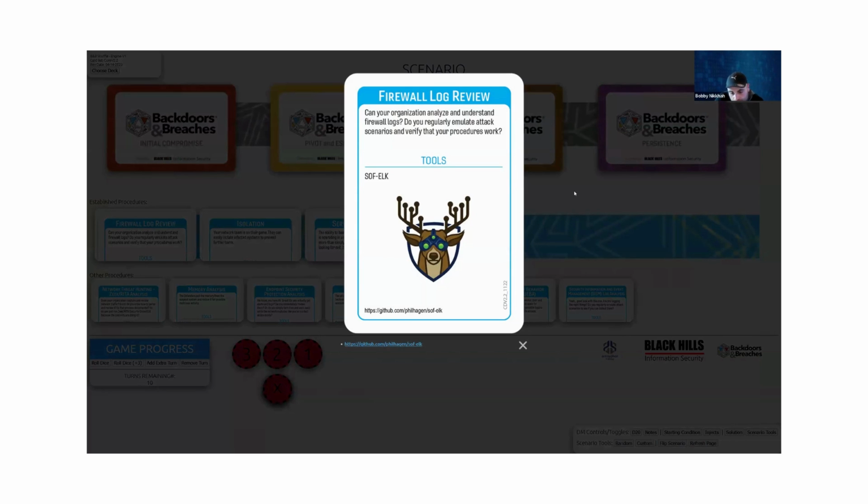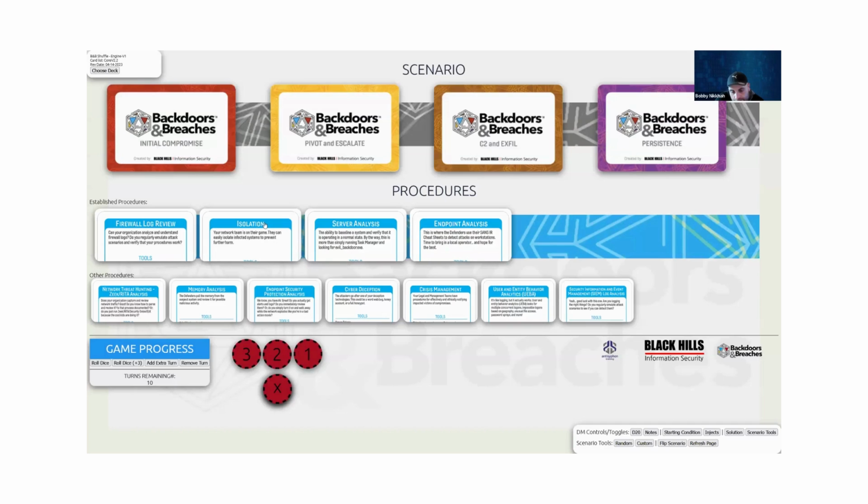I put together a Slido, but absent that, for arriving at a consensus, can I ask, in regards to both firewall log and isolation, what is the thinking that informs that choice?